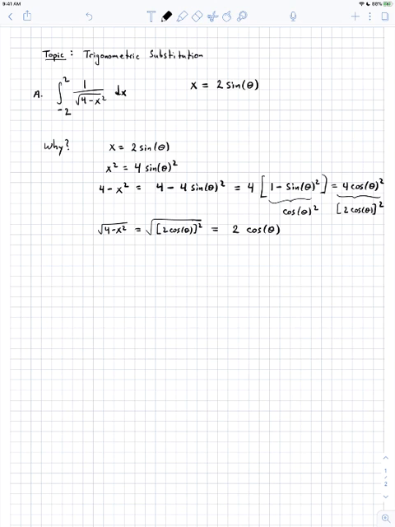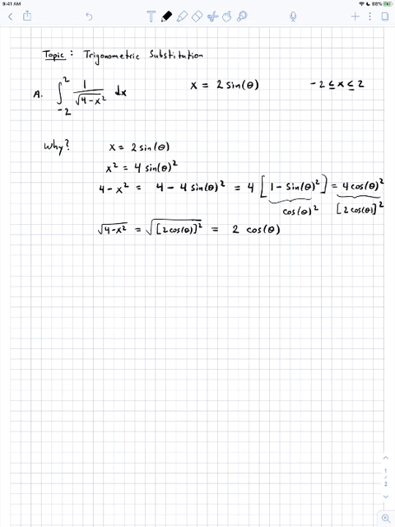And the reason we don't have to worry about that is because of something that I said earlier about theta. We don't have complete freedom to let theta be anything. We're going to choose theta based on the possible x values that we have here. So the idea is that x goes from -2 to 2.